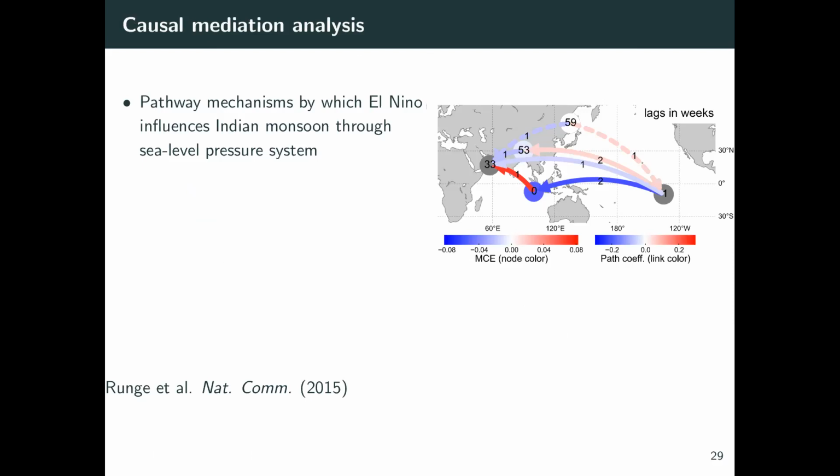That allows, for example, to also look at indirect paths. Here, the East Pacific causes the monsoon region by different pathways. And the one that is strongest, as I find in this work, is through the Indonesian archipelago. So this kind of information, not just about whether or not a link exists, but also how strong it is, can be obtained with causal discovery and inference.